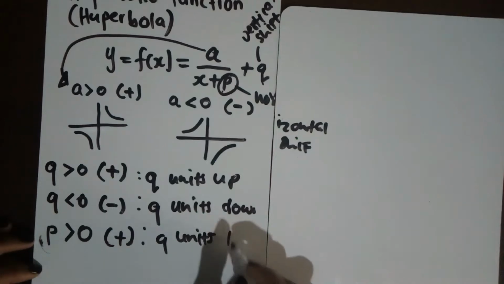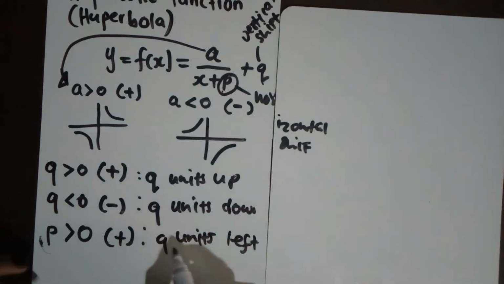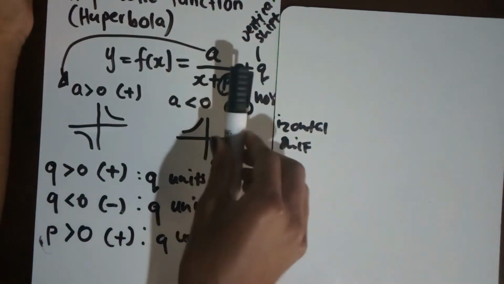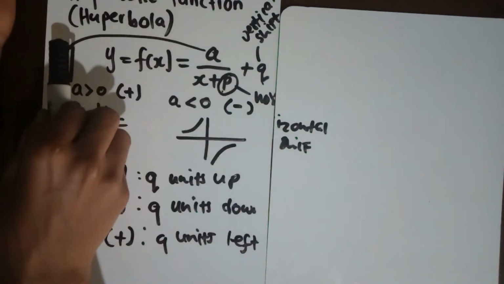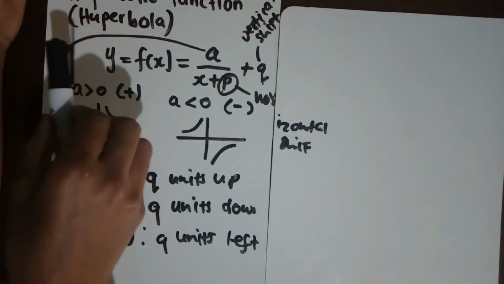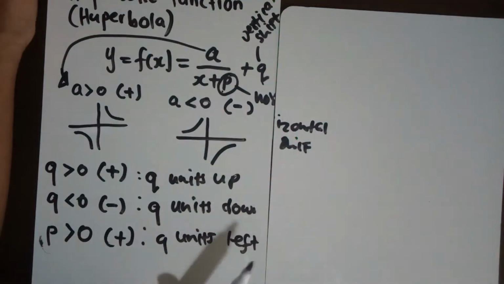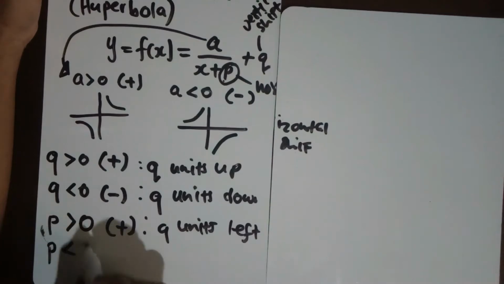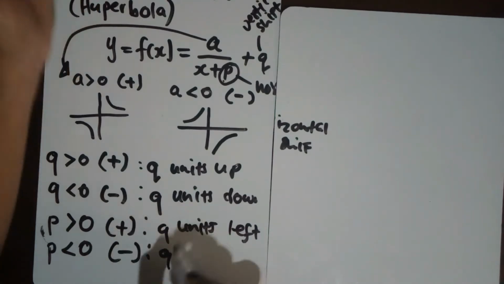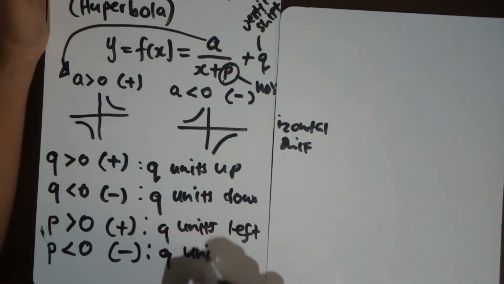So if, for example, it was x plus 1, our hyperbola will shift 1 unit to the left. If it's x plus 2, our hyperbola will shift 2 units to the left. You'll see this when we plot them. And now when p is less than 0, it means that p is negative, and the hyperbola would have shifted p units right.